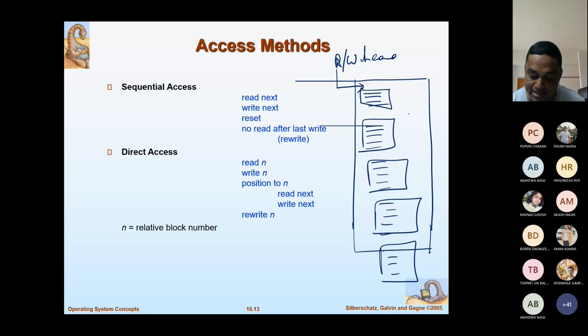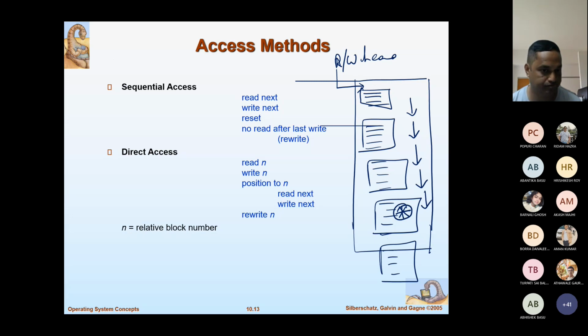Suppose you want to access the information of this person. One method is you can go sequentially one by one. This is called sequential access. So you can reach from the first to the second, the second to third, then third to fourth, fourth to fifth, fifth to sixth. Maybe the seventh one is your target one. So you have to reach one at a time.